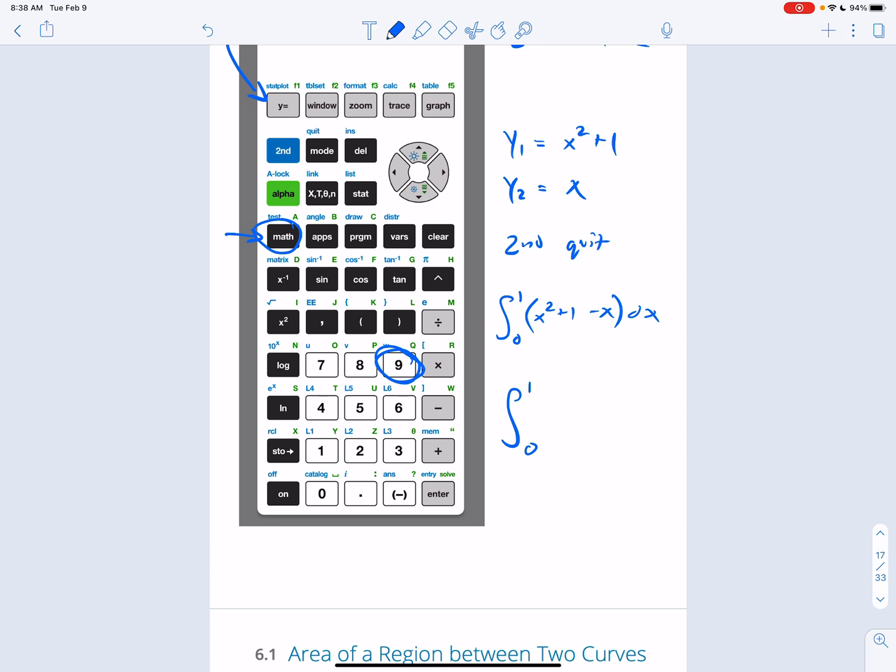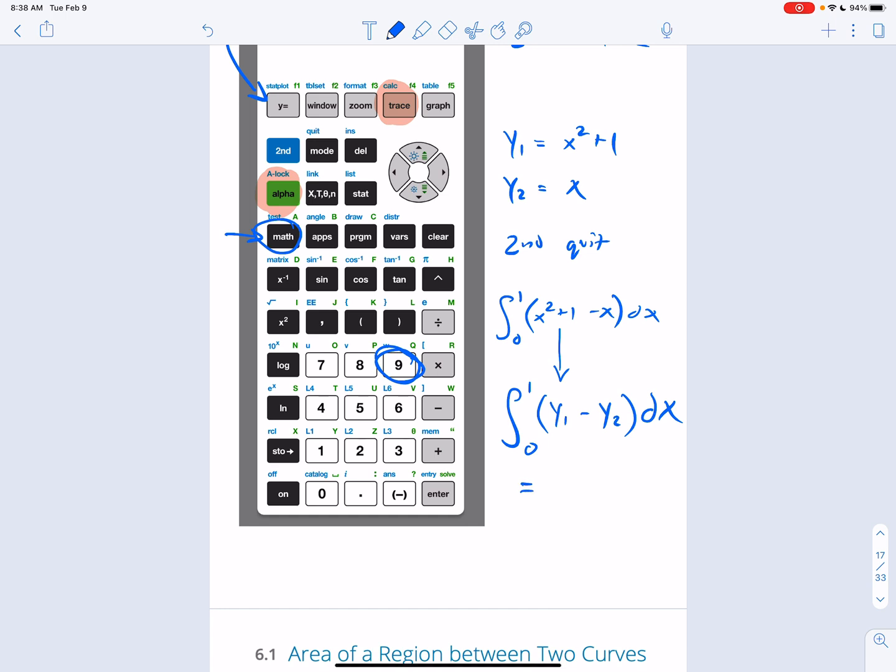Now instead of x squared plus 1, we can input y1. Okay? So just to refresh, to get to those y1 or y2 functions, you go alpha trace. When you go to alpha trace, you could pick y1. Okay, then you type minus, and then you go alpha trace again for y2. And then D, and then you just input the x there, okay?